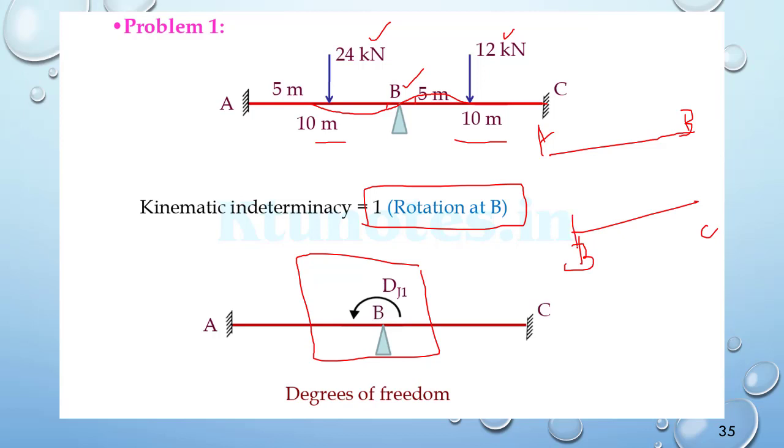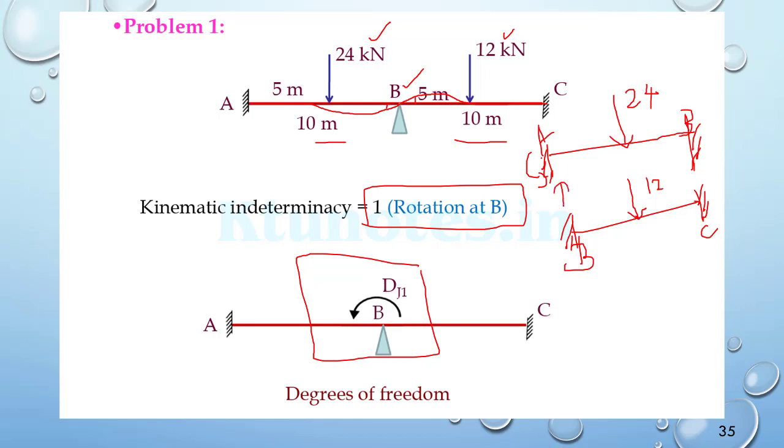We're going to make both ends fixed, similarly for AB and for BC, with the point load 24 for AB and the point load 12 for BC. So we know the moment value as well as the reaction value.